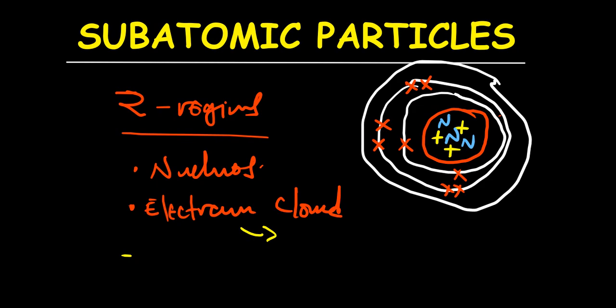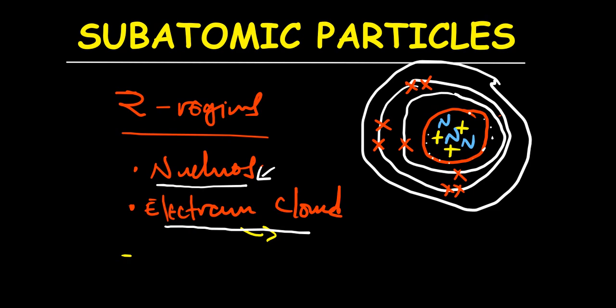In summary, when you talk about the subatomic particles, we have to understand the modern view of the atom. The atom consists of two regions: the first one is the nucleus, and the second one is the electron cloud. In this nucleus, the one that I've drawn in red here, you are going to find the neutrons and the protons.